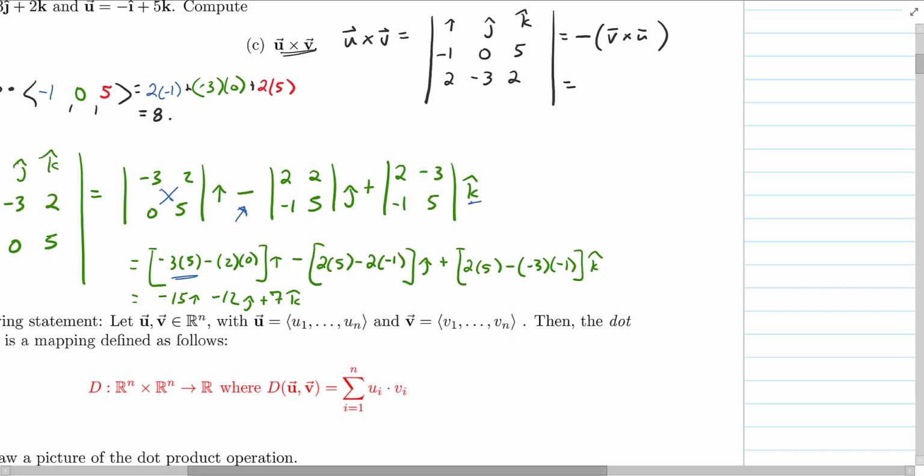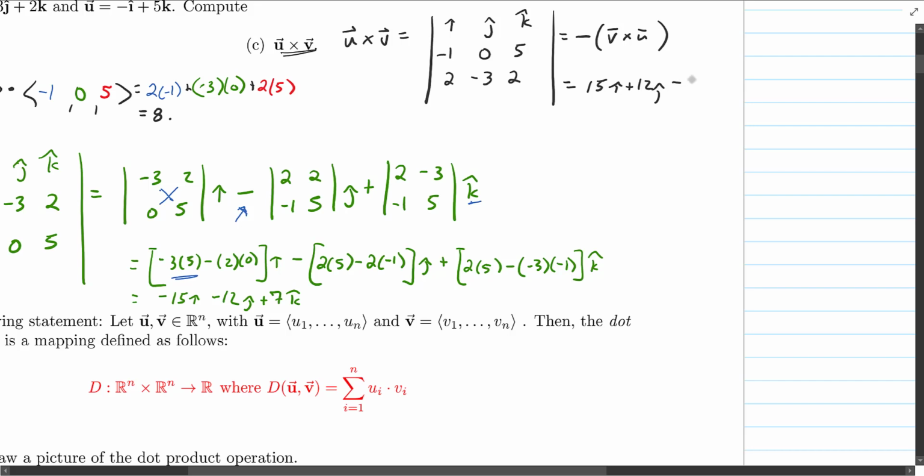So let's go ahead and do that. That would just be 15 i hat plus 12 j hat minus 7 k hat. Folks, if there's any questions on that, let me know.